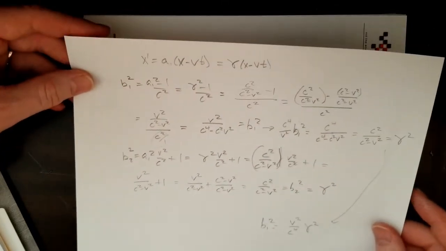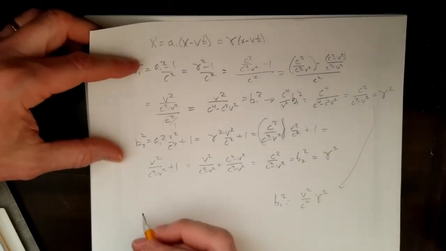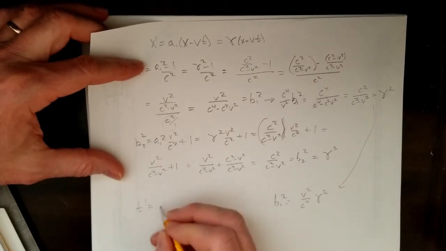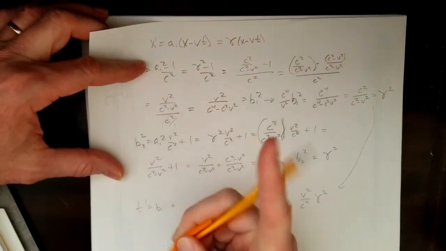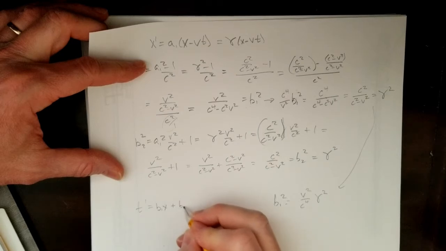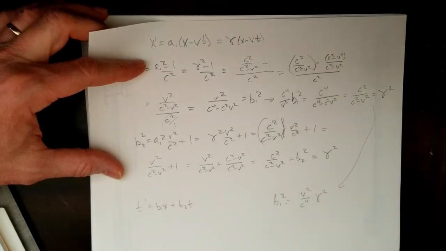Therefore, going back to our transformation, I know that t prime is equal to b1 x plus b2 t.